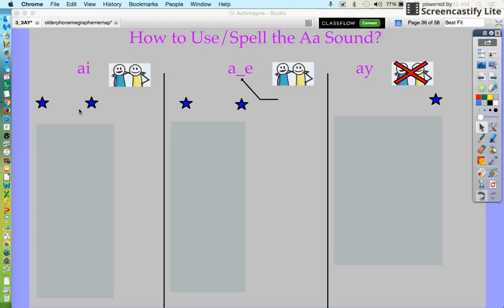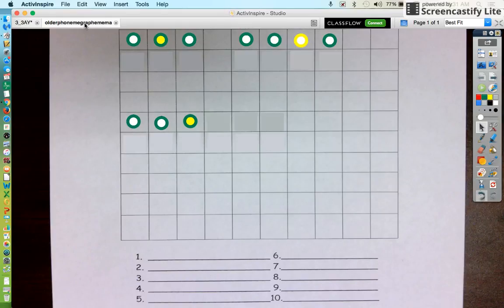First, let's talk about the position of the A sound within a word. For that, I'm going to go to my grapheme and phoneme map. Grapheme means letter, phoneme means sound. So let's take the word rain. R, A, N, rain.